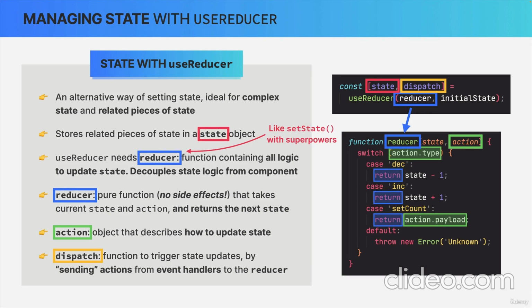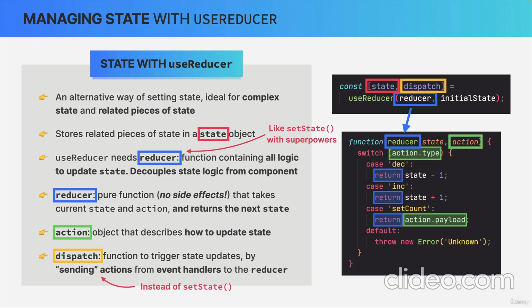So instead of using setState to update state, we now use the dispatch function in order to send an action from the event handler where we're calling dispatch to the reducer. And as we already know, the reducer will then use this action to compute the next state. Okay, so these are all the pieces that need to fit together in order to effectively use the useReducer hook.